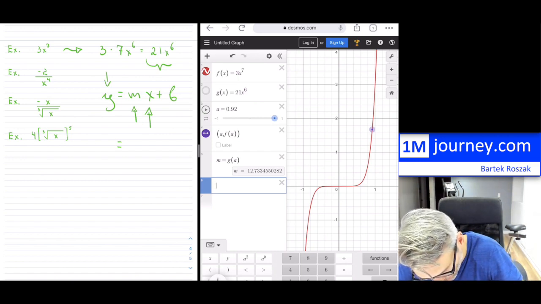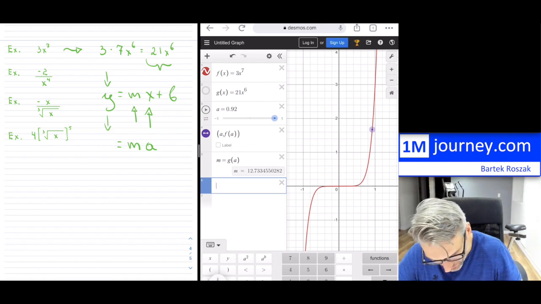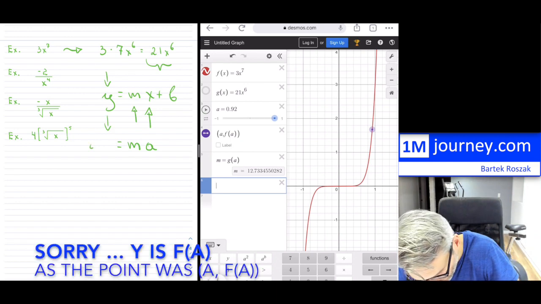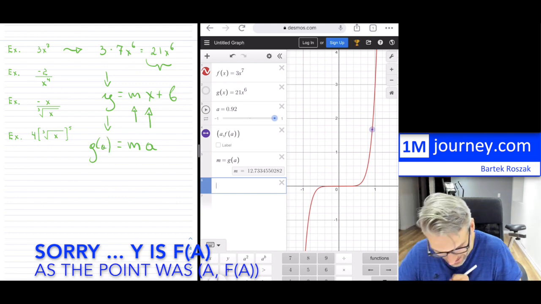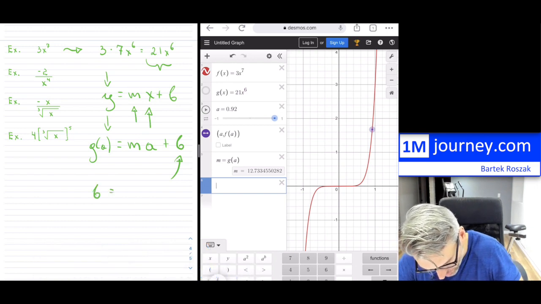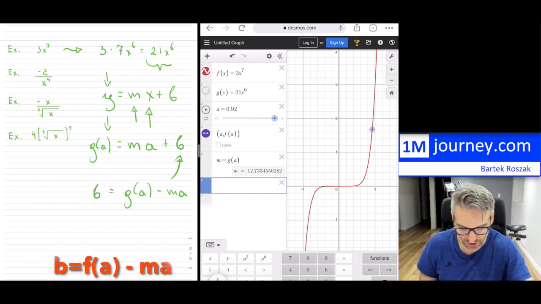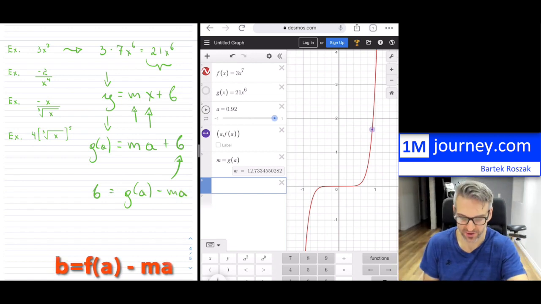So that's my m, my x, if I substituted, that's a. My y is going to be f at a, the actual point itself. So I can solve for this b. My b is equal to f at a minus ma, and that's going to give me the y-intercept.